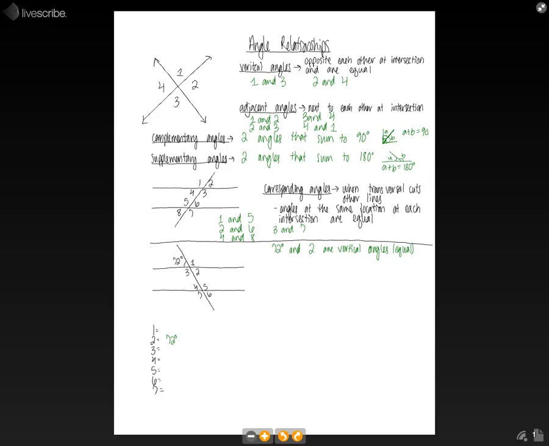And there are multiple ways you could start this. Another thing you could have done was said, well, angle 1 and the 72 are supplementary, and find angle 1 that way. There's multiple ways you can go with this, but this is just one. And so the next thing that I will do in this one is say 72 and angle 1 are supplementary.